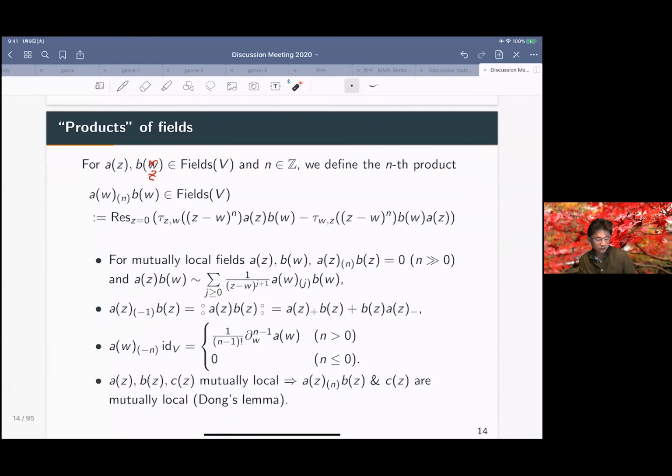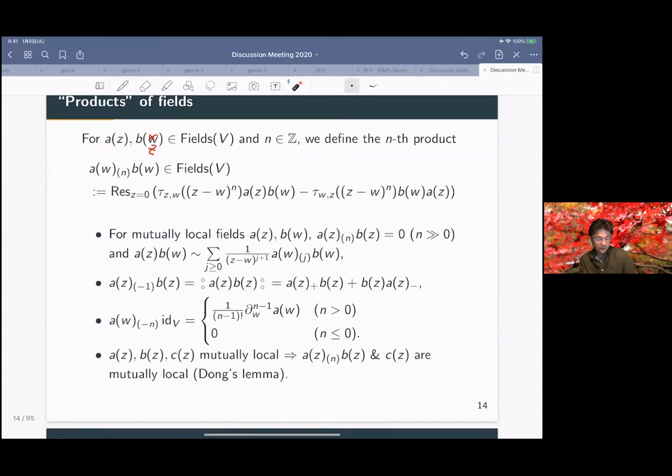If you compute a (-n) product with the identity operator, you get a derivative of the original field. And if you have three mutually local operators, then the nth product and the third are mutually local. So the nth product is closed under mutually local fields.